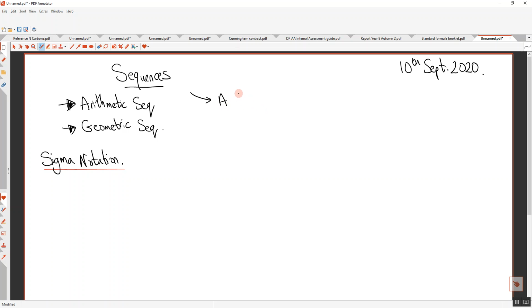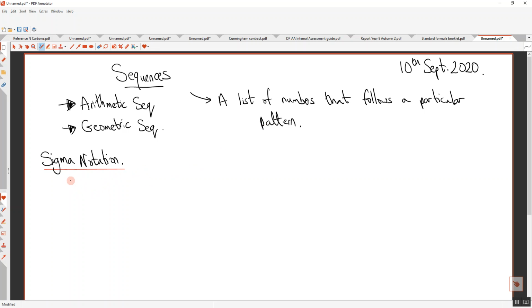A sequence is a list of numbers that follows a particular pattern. That's kind of a straightforward definition, okay? A series is actually when you have a sequence and you begin to add up those numbers, okay? So a series is when you have a sequence and you add them up. Yeah, I remember.